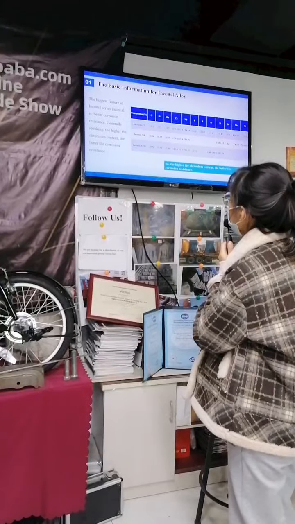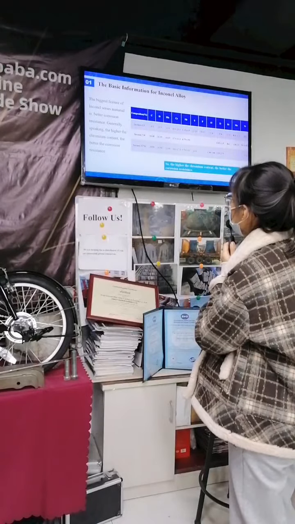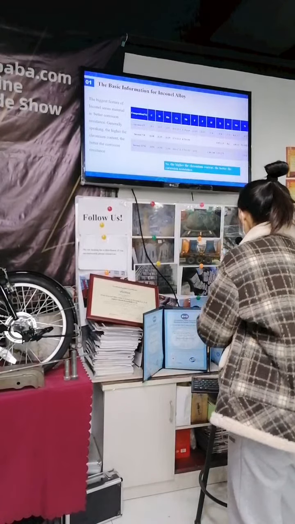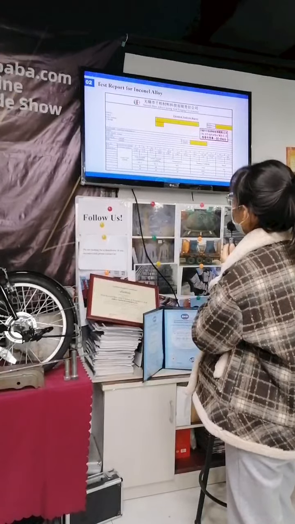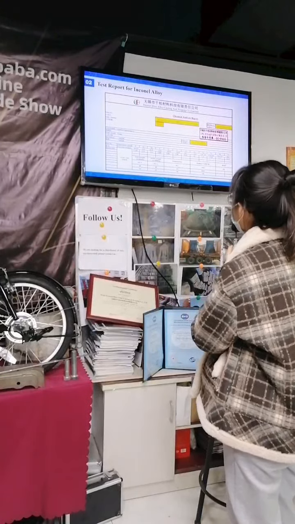Generally speaking, the higher the content, the better the corrosion resistance. This is the test report for this production.